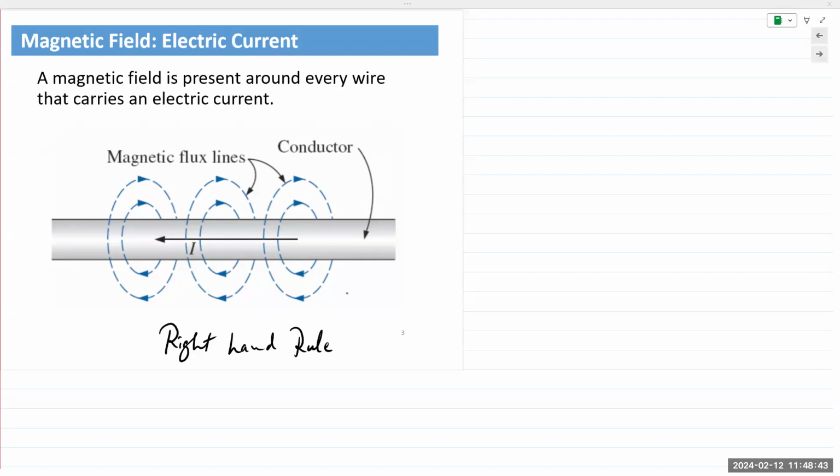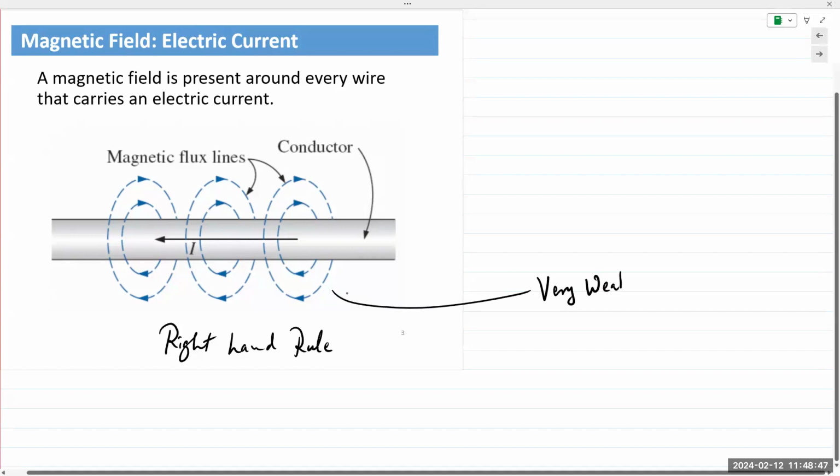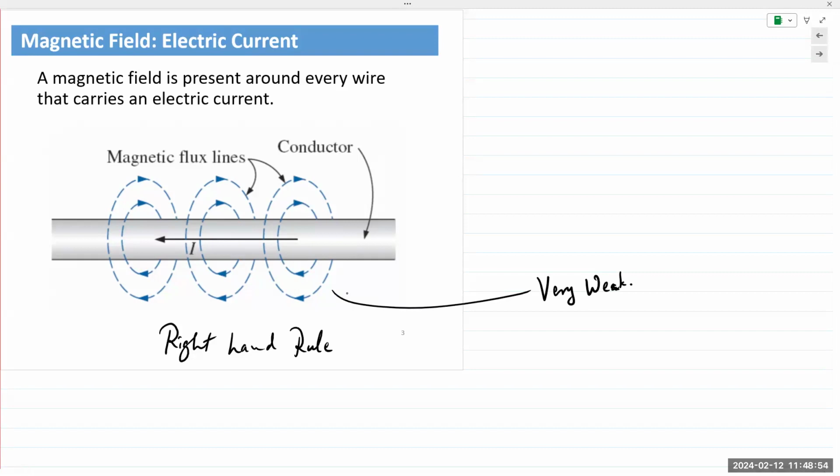Now, this magnetic field is very weak. It does not rise to the level of interference. Depending on your application, it does, but most of the time it doesn't. As I said, if you take a 100-foot-long power extension cord, it'll work just fine.